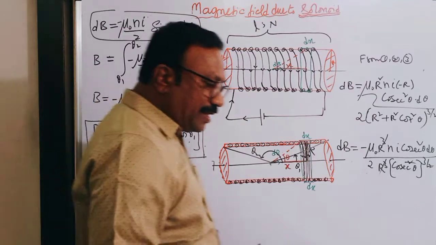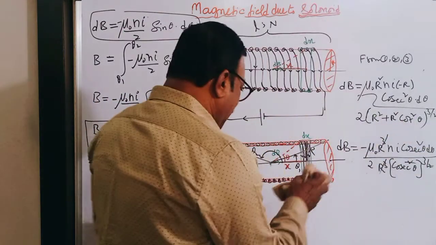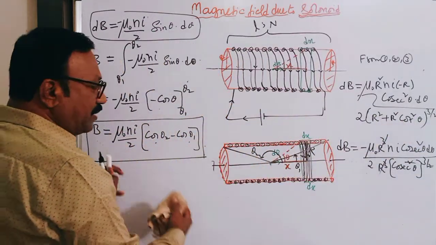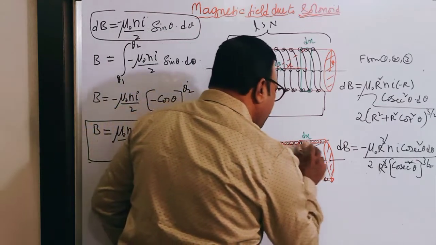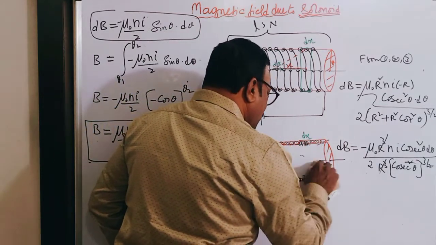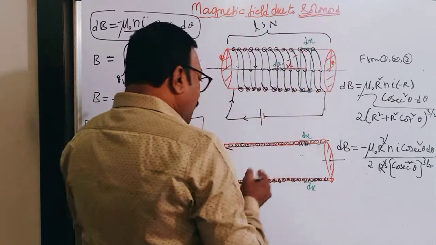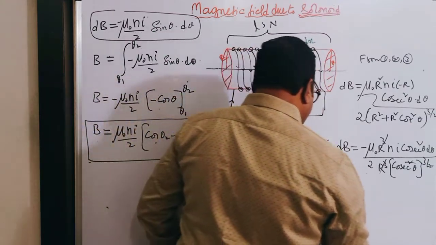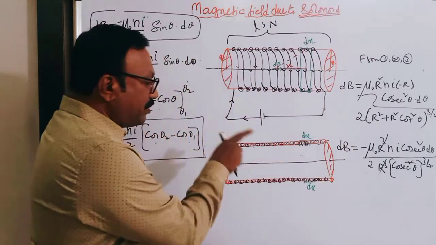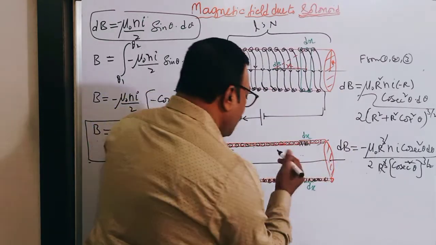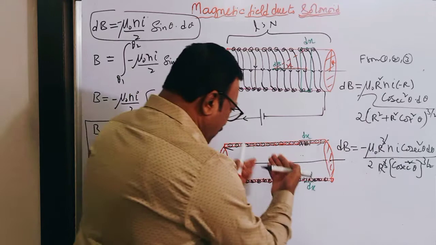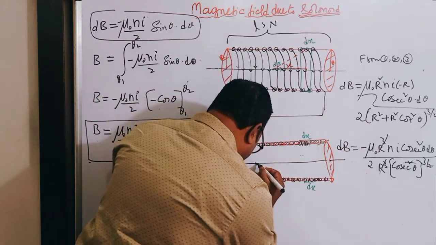Right. So let us see more clearly. I'll eliminate all this and show what theta 1 and theta 2 are, so that how to apply this formula will be clearer to you. See, this is the axis of a solenoid. So this is a solenoid. Anywhere, here or here or here, say here you want to determine the magnetic field.